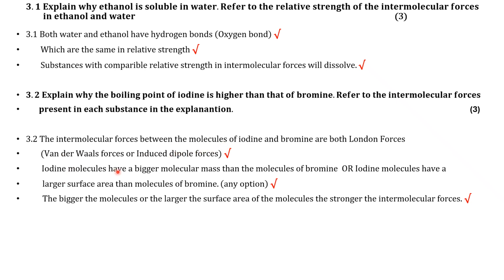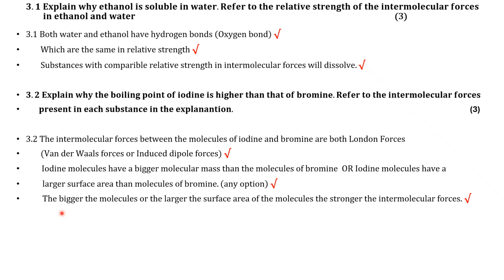Now, iodine molecules have a bigger molecular mass than the molecules of bromine, right? So iodine is bigger than bromine in molecule size, or I can say iodine molecules have a larger surface area than the molecules of bromine, any one of the two.